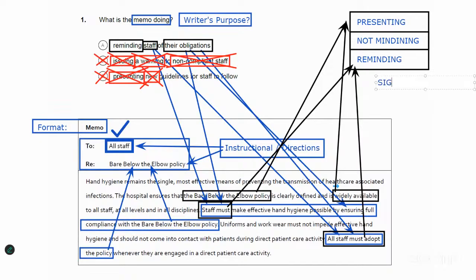Now let us see what the signal words are here. These signal words tell us that they are strong obligations.